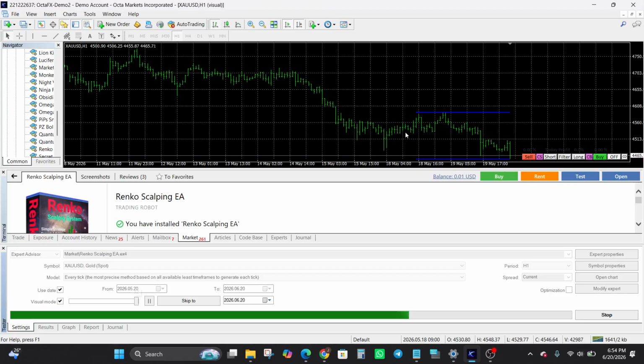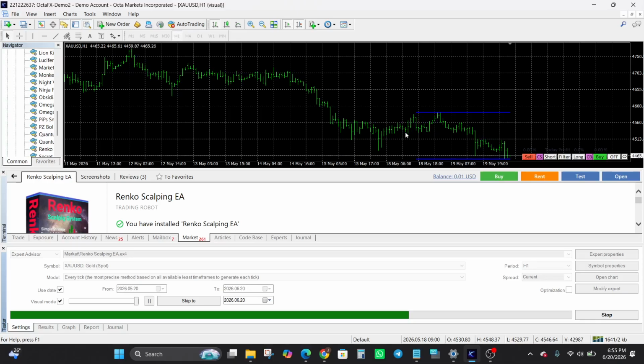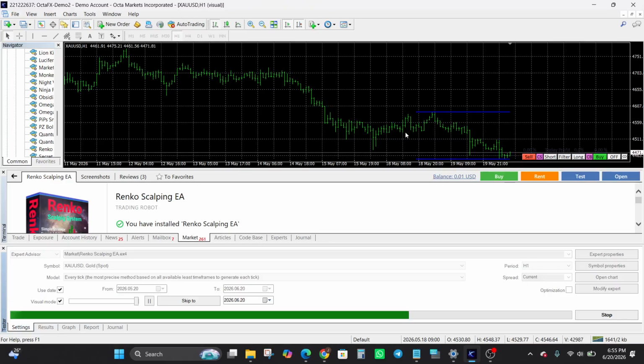So, looking at the historical testing performance overall, these results should always be viewed as historical analysis rather than expectations of future outcomes. Actual results can vary depending on the risk settings, lot size selection, broker execution quality, the spread conditions, slippage, market conditions, and any optimization performed by the user.